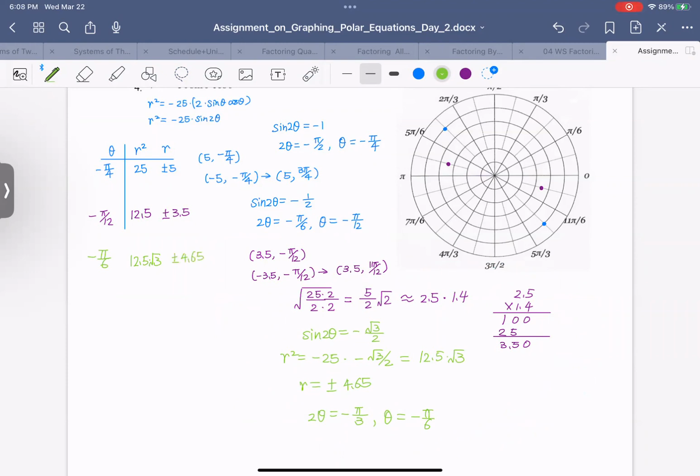That means if you choose the positive 4.65, it's going to be negative pi over 6, right? This radius positive, and then you choose a negative 4.65, and then the angle will be this, and then 5 pi over 6.